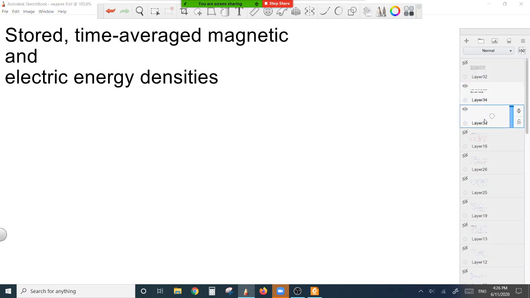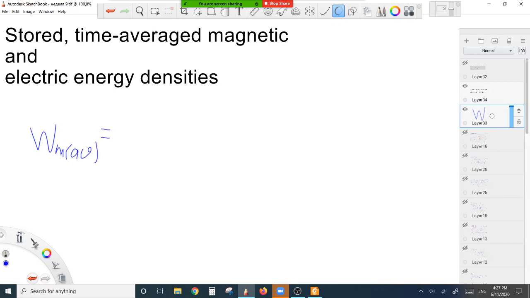So stored time averaged magnetic energy density can be written as, let me write in blue, W magnetic averaged is equal to 1 over 4 mu H dot H complex conjugate.